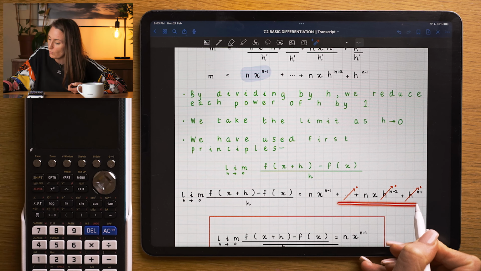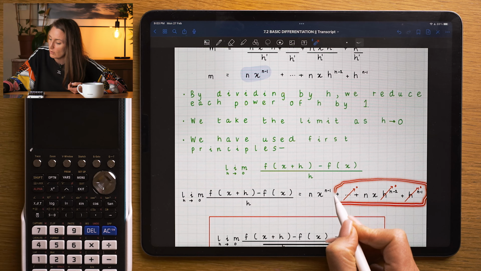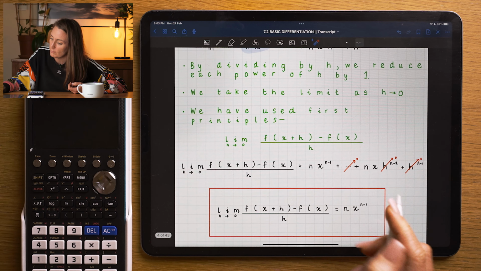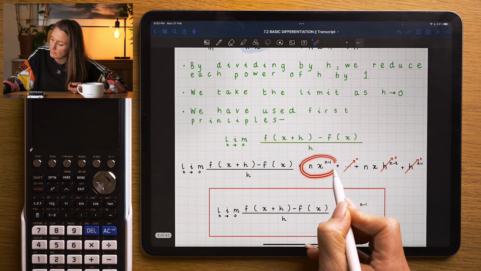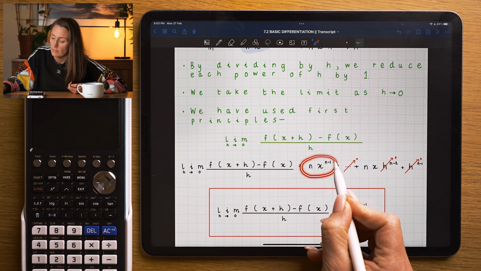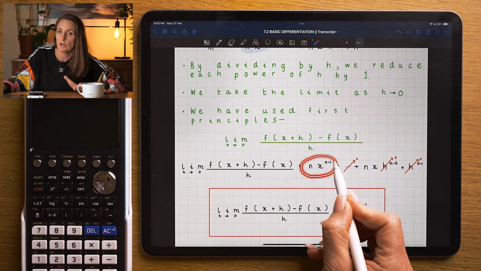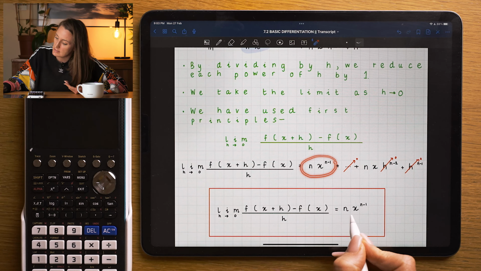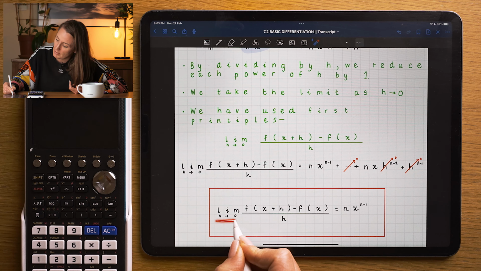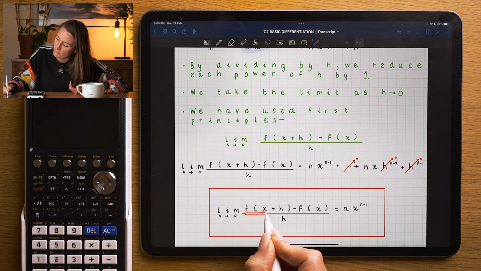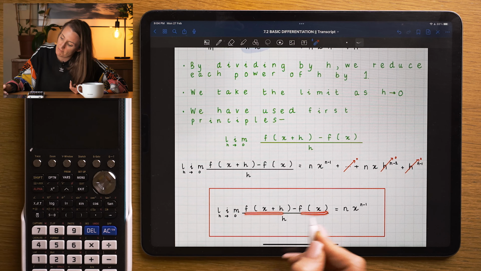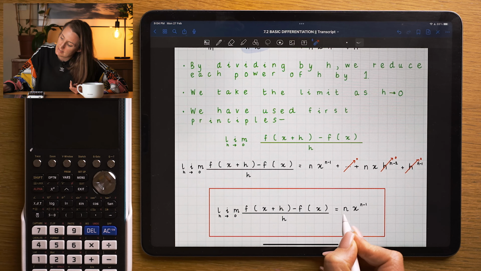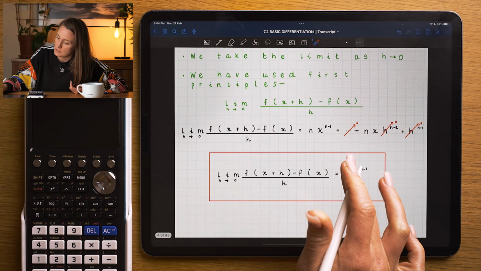So actually all of these are going to be pretty close to 0, leaving us only with this first term here. This term is independent of h, so it doesn't matter if h gets closer and closer to 0, it's going to stay the same. So we can say that the limit as h tends to 0 of f of x plus h minus f of x, divided by h, is n times x to the n minus 1.